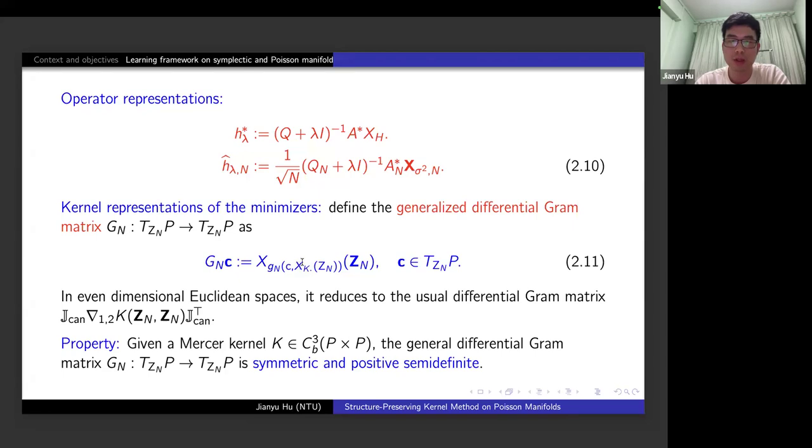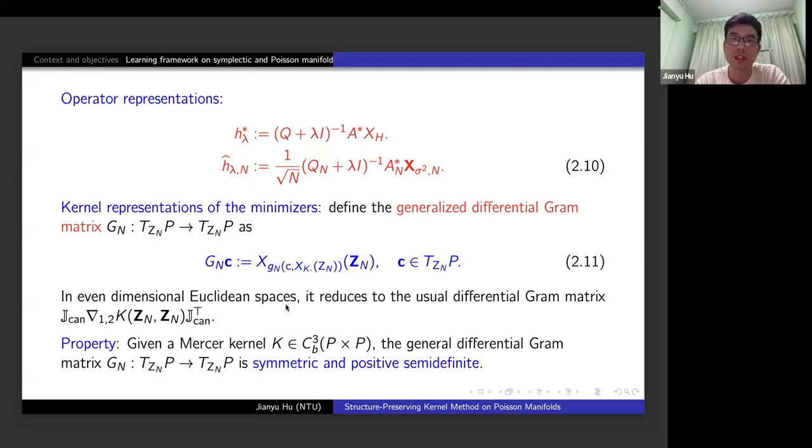We can take the Hamiltonian vector field with respect to the first variable of the kernel at these sample points. Then after pairing with a vector C in the product tangent space, this can be regarded as a function with respect to the second variable of the kernel K. Then we can again take the Hamiltonian vector field with respect to that variable and obtain a vector in this product tangent space.